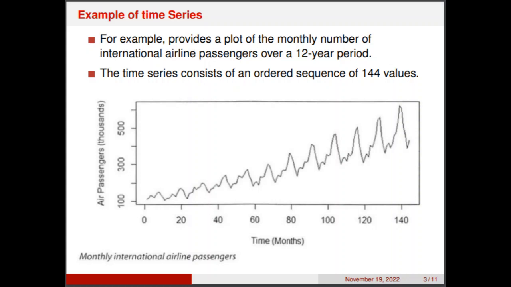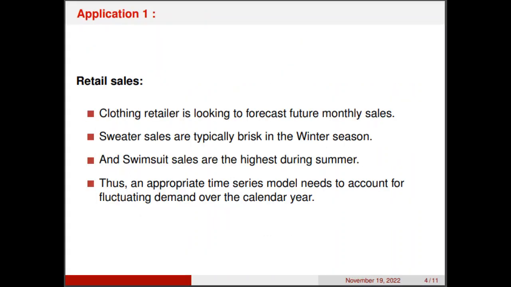When we take a 12-year period, which is almost 12 into 12, 144 months. So in the 140th month, we can see that the number of passengers is almost more than 500. So the figure is a time series analysis chart.